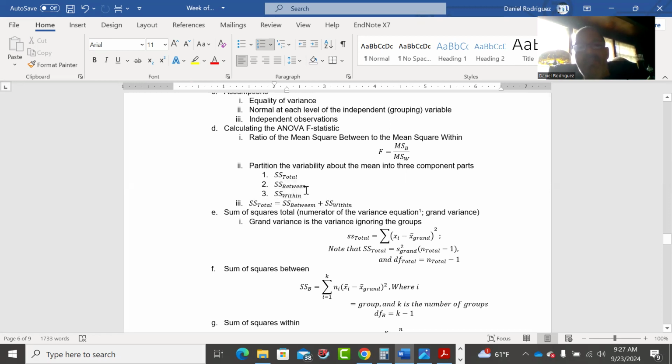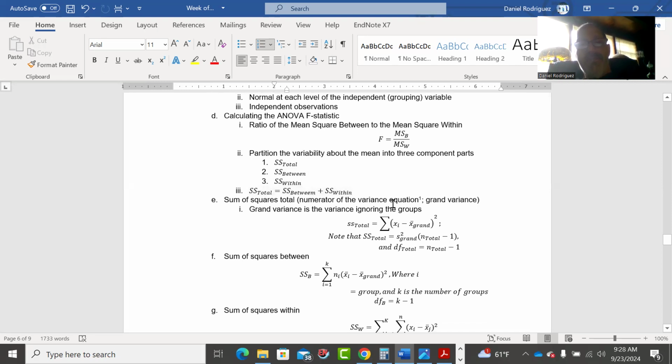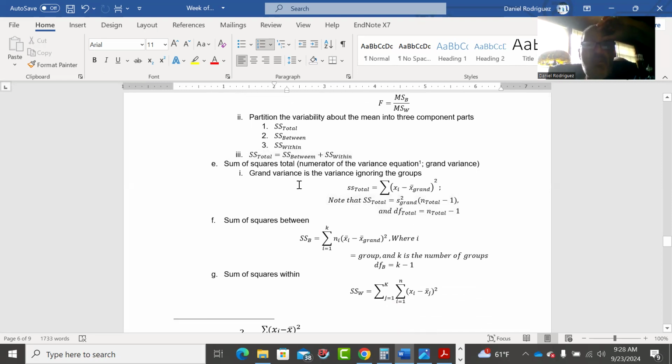We're interested in whether we can explain the variability that we see based on differences among the groups. So the means of the different groups will be different. Sum of squares total is the sum of squares between and sum of squares within. So if you have two of the three of these, you can calculate the other, right? If I know these two, I can get sum of squares total. If I know sum of squares total and sum of squares between, I can get sum of squares within.